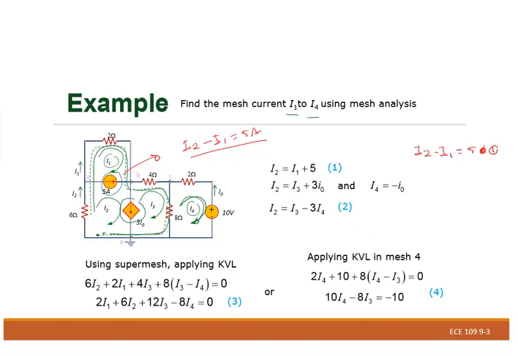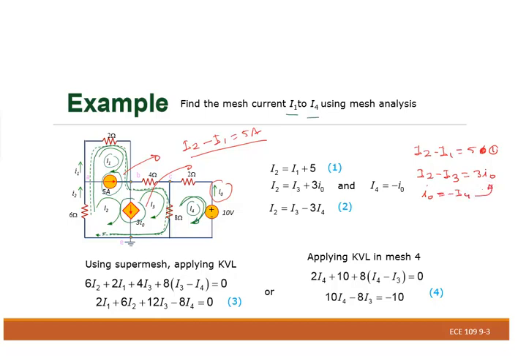If we go to write on the dependent source, I2 minus I3 will be equal to 3I0. And we know that I0 is right here, and that one is negative I4.